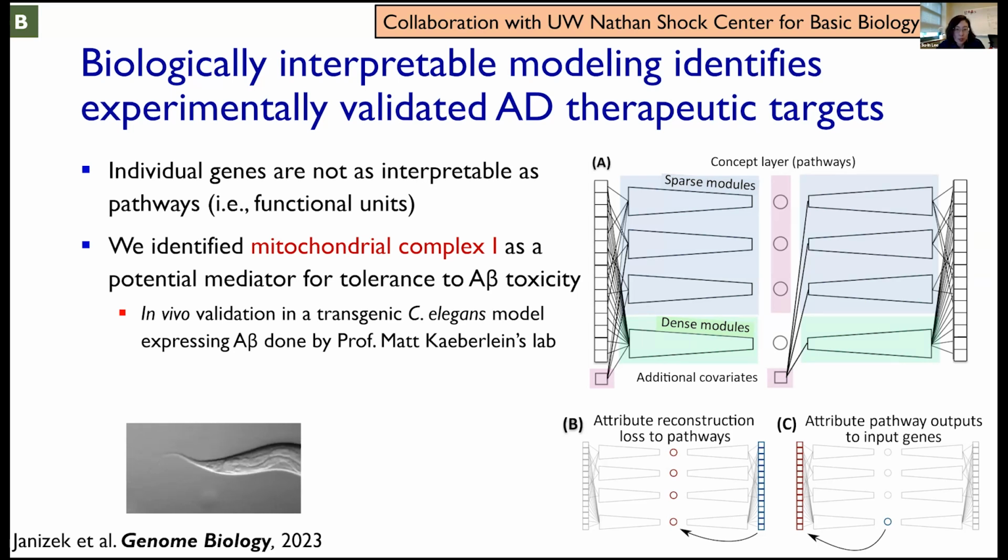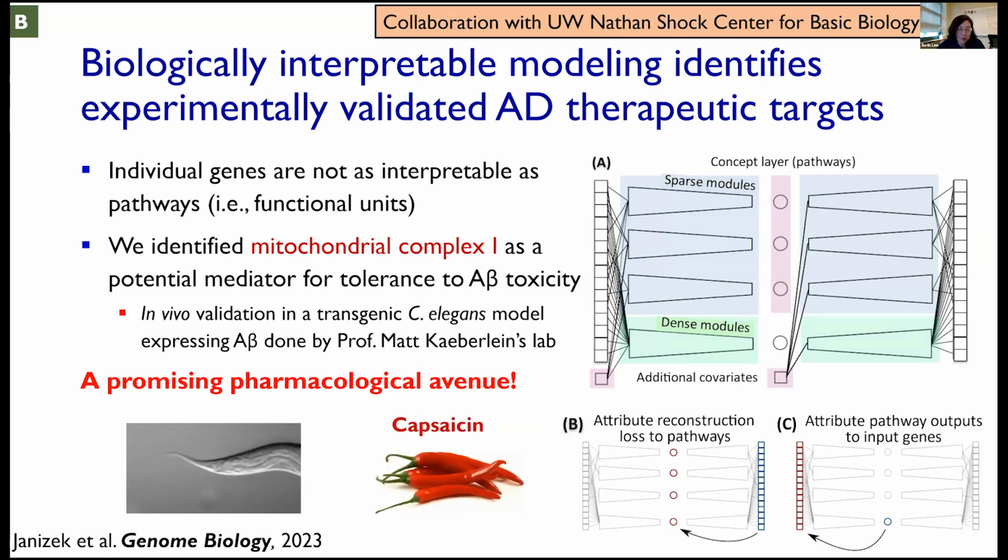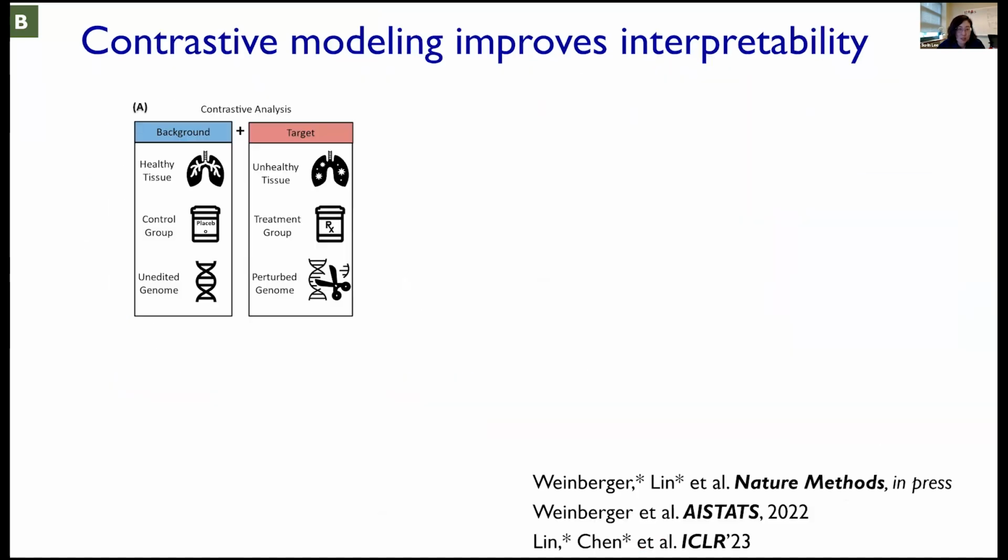We also did validation in vivo using C. elegans that produce amyloid beta in their body. That tells us there are promising pharmacological avenues, and XAI could identify potential drug targets for Alzheimer's.